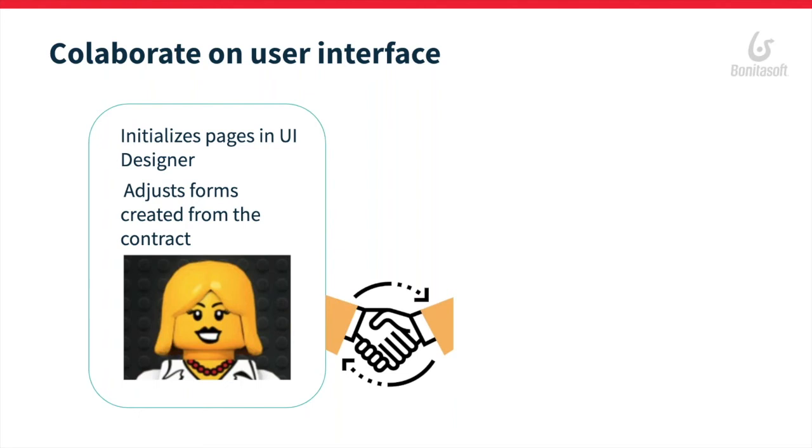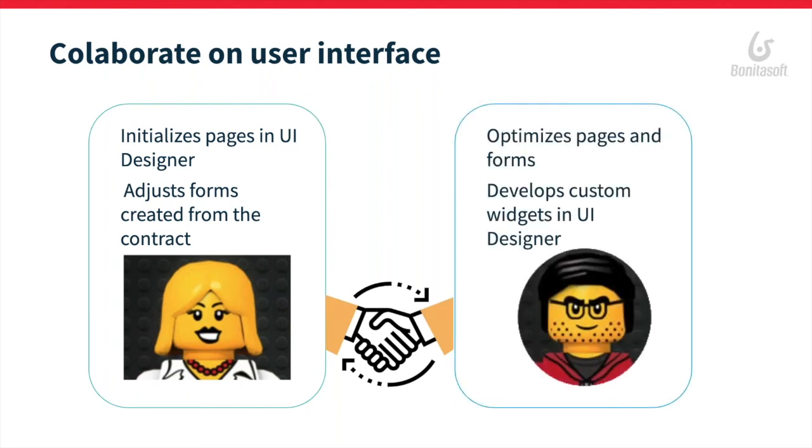And then Dave is going to optimize the pages and forms to make sure that they are going to be performant and also to make sure they will be linked correctly together to develop the application. It will also develop custom widgets in the UI designer and, if needed, but that's only in Enterprise Edition, the REST API extensions.